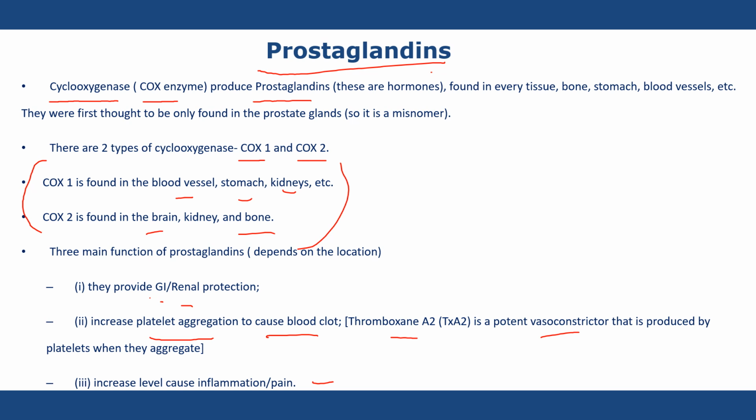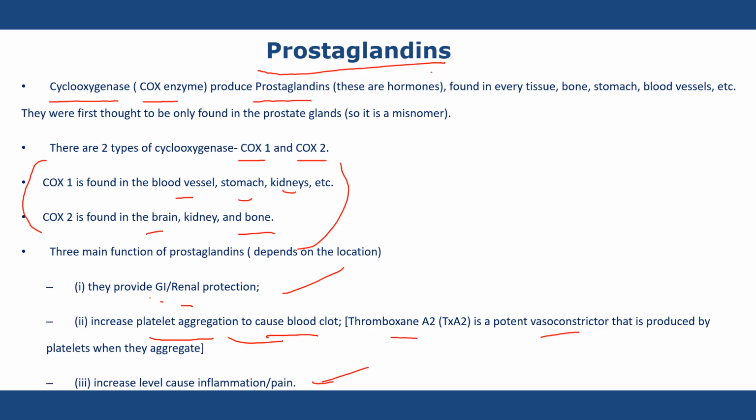So pain, inflammation, and even fever are a good thing in a way, so that we can sit down, assess, and intervene, right? So please understand the role of prostaglandin depends on the location. It can protect GI or renal lining, helps with the blood clot, and increased level of prostaglandin will cause inflammation or pain.